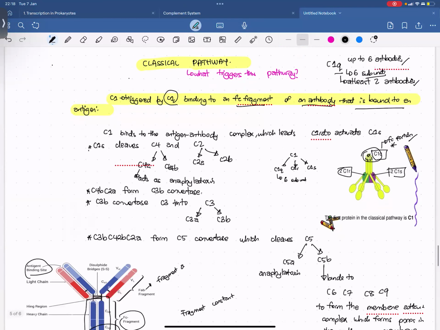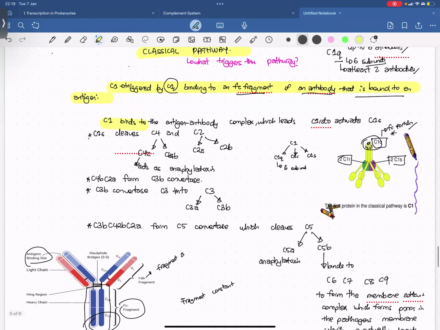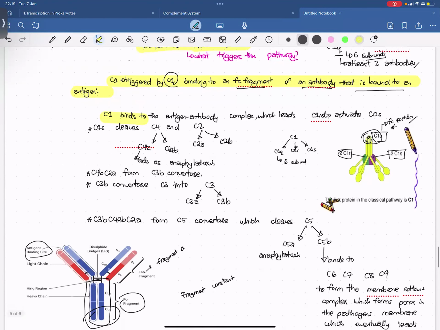I'm now reading the next point here. C1 binds to the antigen antibody complex, which leads to C1R, which later activates C1s. So C1R activates C1s. After C1q binds to the Fc portion of the antibody, C1R is activated, which in turn activates C1s.